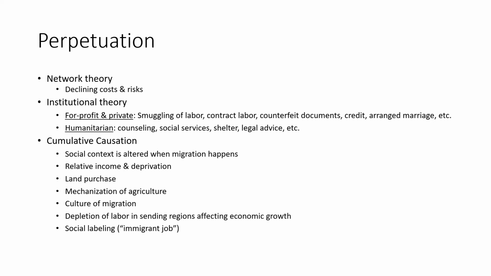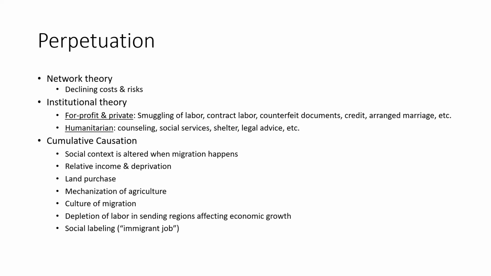And sometimes we see in many places, usually those in their late teens and young adulthood are more likely to migrate. The infants, the young children, and the elderly are left behind. This is what we mean by the depletion of labor in the places of origin.